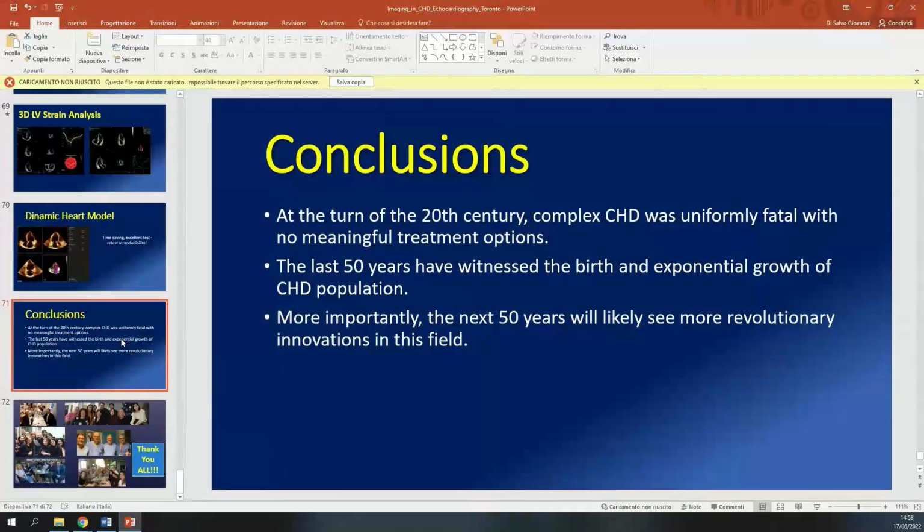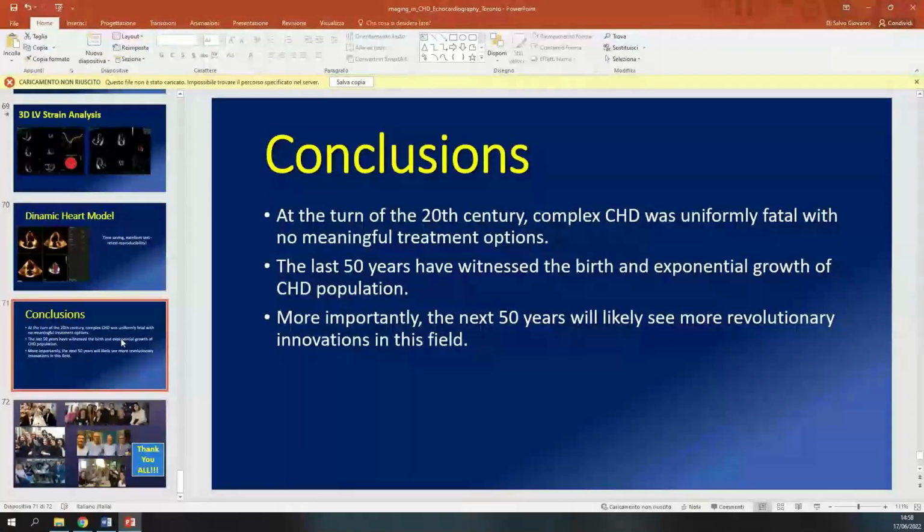Thank you very much for this question. You are absolutely right. Sometimes it's difficult to image the right ventricle in adult patients, and this is a problem of echocardiography.